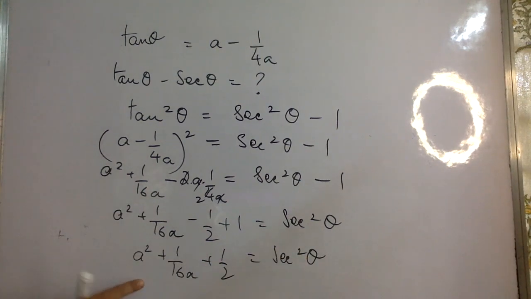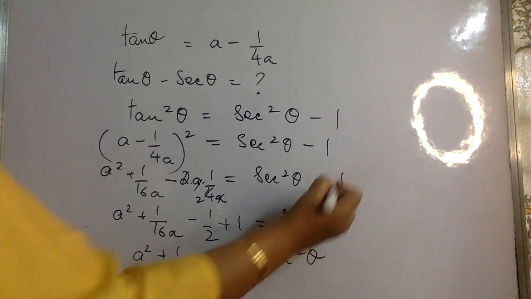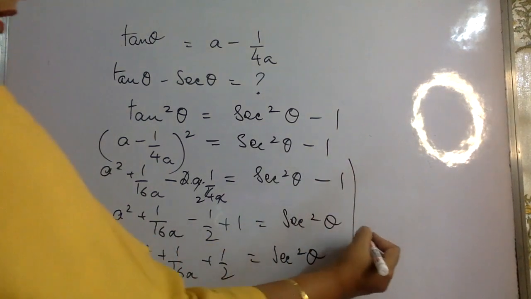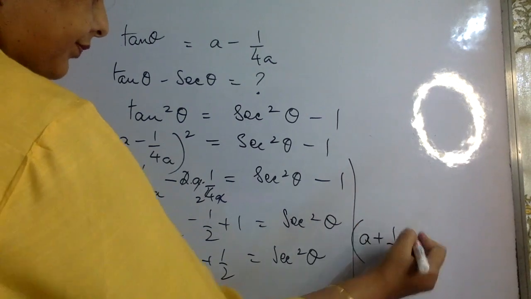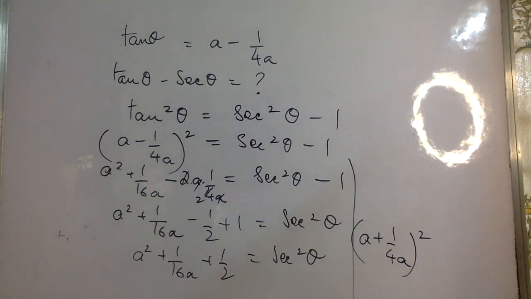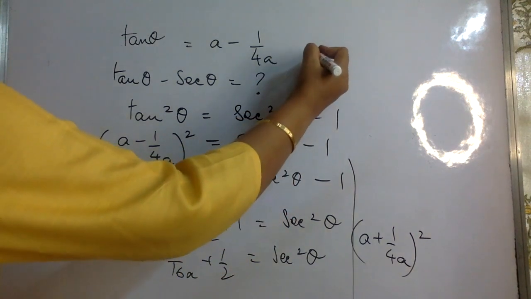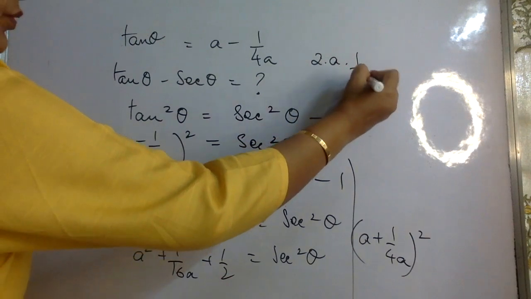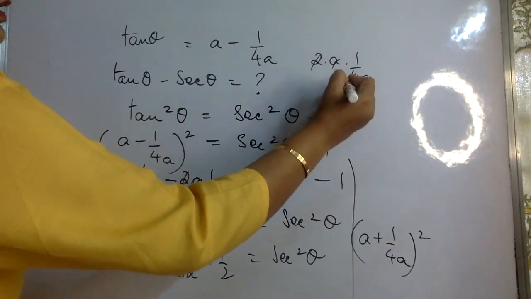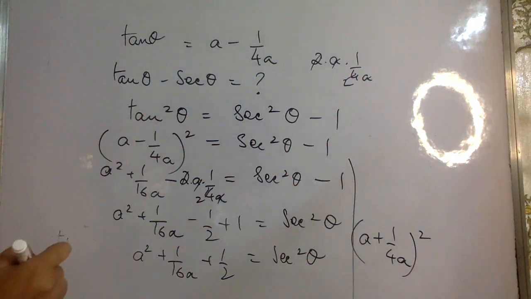If we are getting this, what does it become now? It becomes a plus 1 by 4a whole square, isn't it? Why? Because the 2ab term will reduce to a half. Okay, if you want to see why the 2ab term reduces to a half, 2 into a into 1 by 4a, see, the 2ab term is a half.